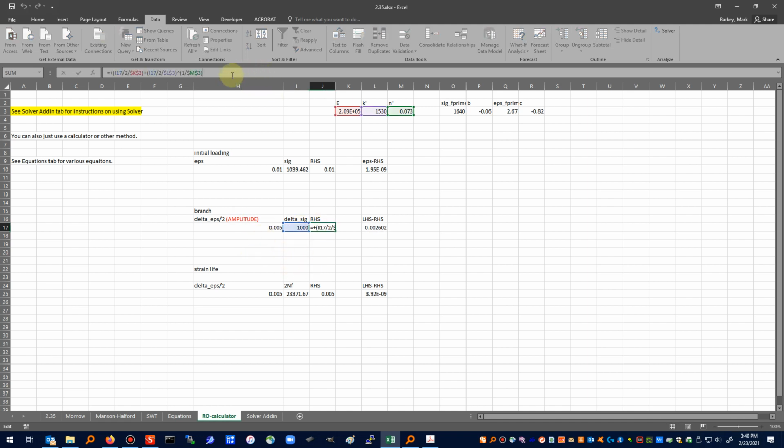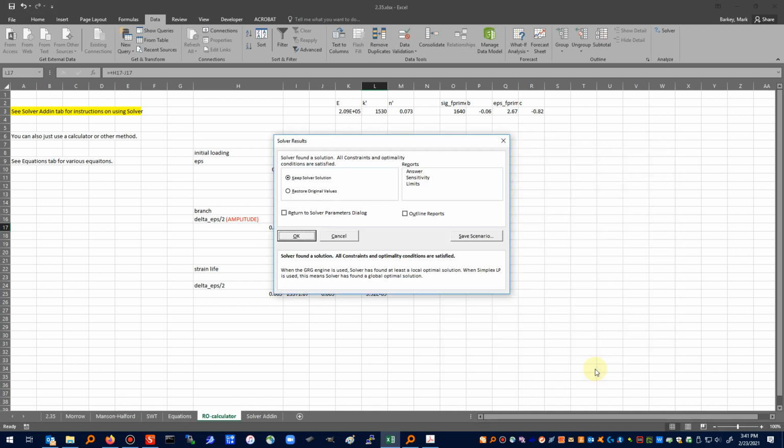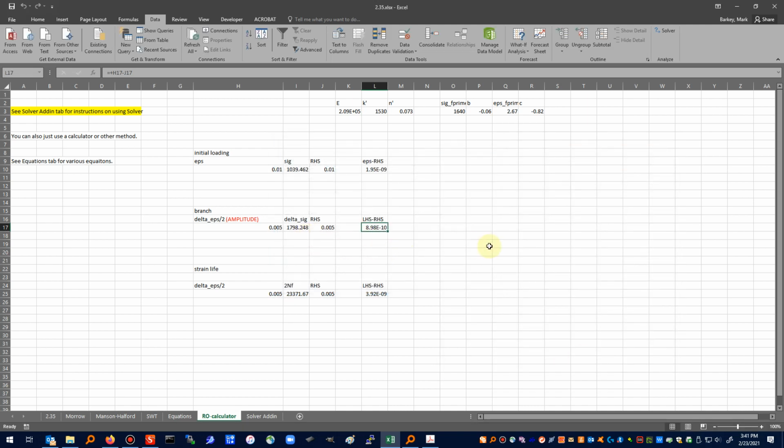Here's my branch equation: delta sigma over 2 over E plus delta sigma over 2 over K prime to the 1 over N prime. And use my solver. I'm going to drive that to a value of 0 by changing this one. And I have a stress change of 1798.